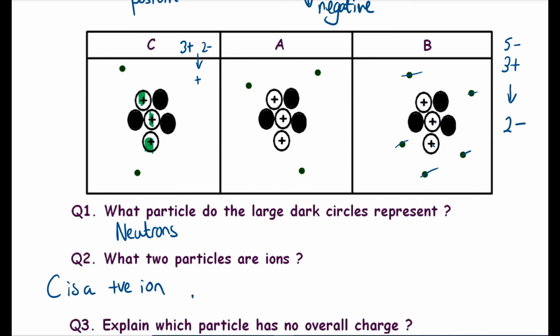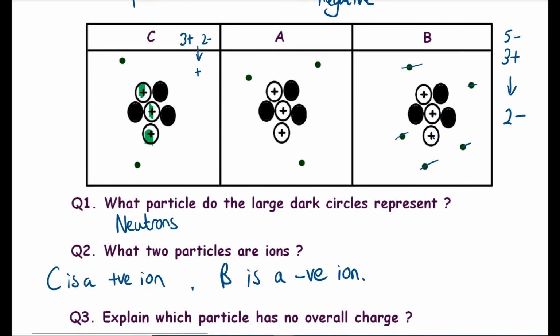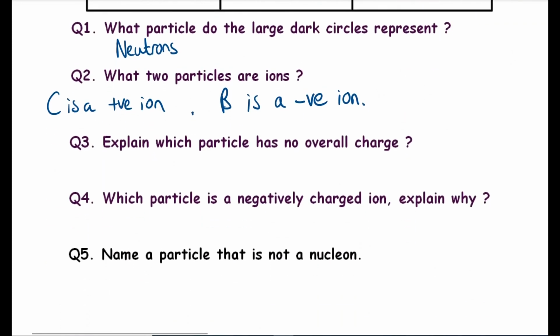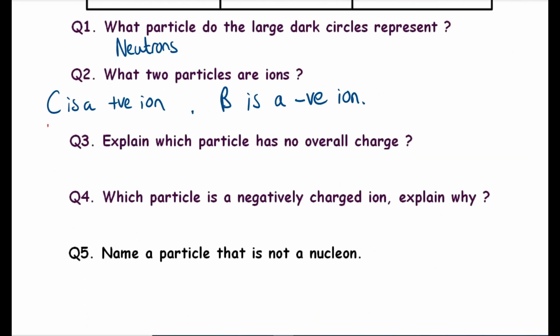So that would be B is a negative ion. I think then you should be able to do 3, 4 and 5. This will be a self-assess. So pause the video now.